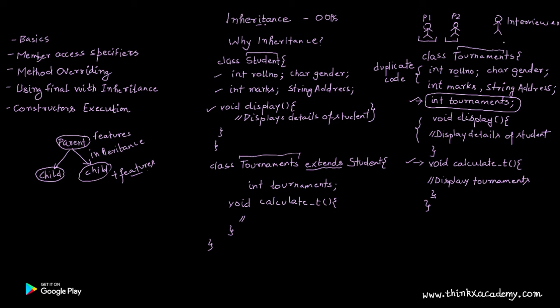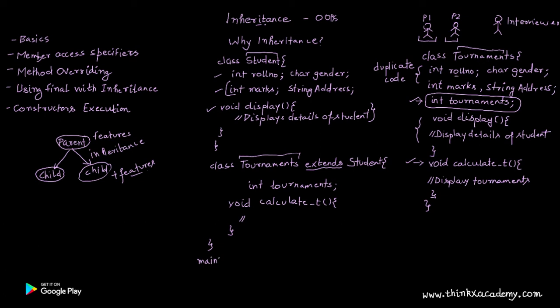So now the interviewer gives programmer 2 another task. He says that I do not want that this marks field, you can see that this is the marks. So let's suppose we have a main function here.